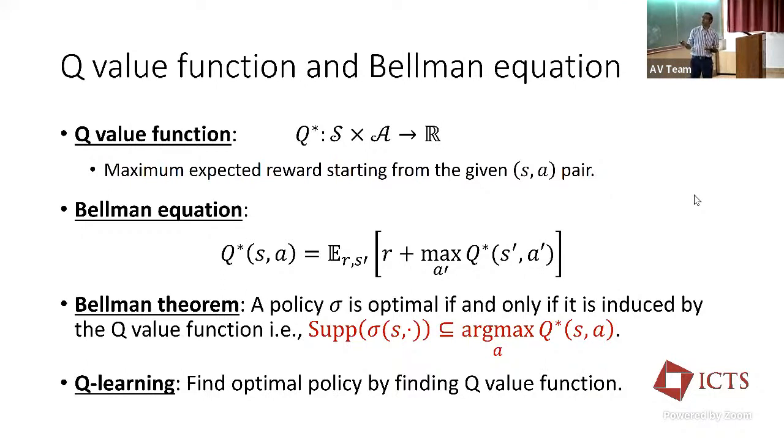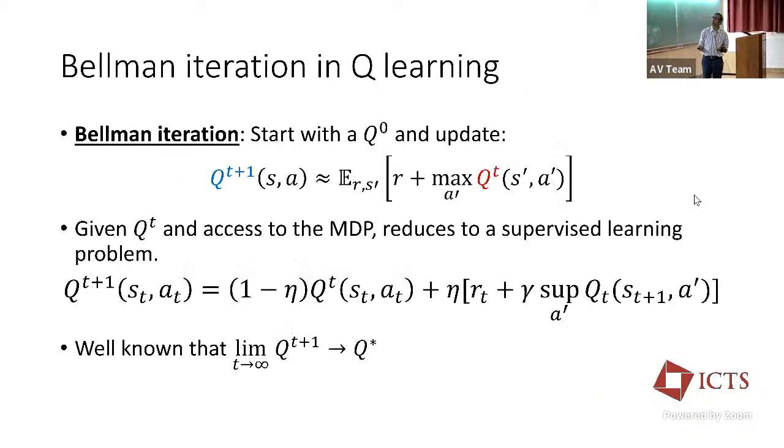Now, because this is a fixed point equation to which we want to go, I can have this Bellman iteration which tries to approximate Qt plus 1 with the current policy. So suppose I have some current Qt. Based on that, I can try to get the next Q. Right? I will try to approximate it like this.